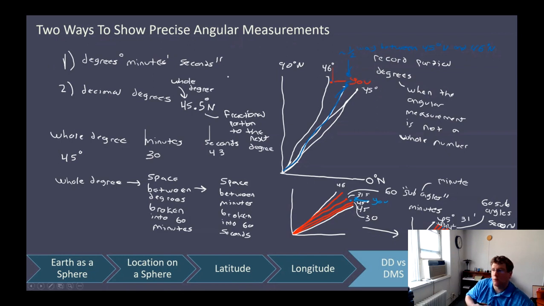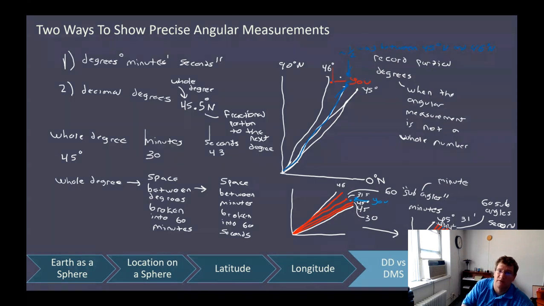Right, so you can see that we have two different ways that we can approach writing measurements that are not whole angles, right? Again, the impetus of precise angular measurements is when the latitude or the longitude is not just a pure whole number, right?